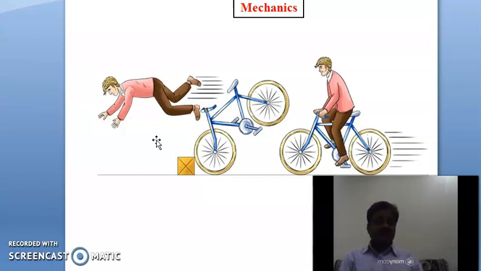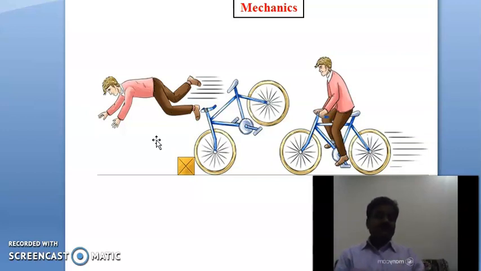You might have experienced this effect. In the opposite sense, whenever the brakes are applied to the bus, then surely there is a forward jerk on the passenger.